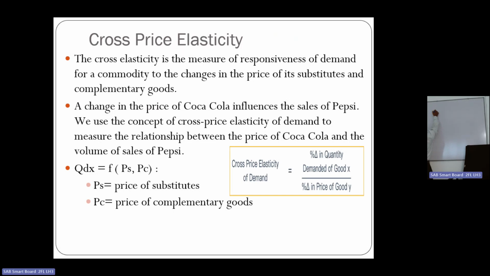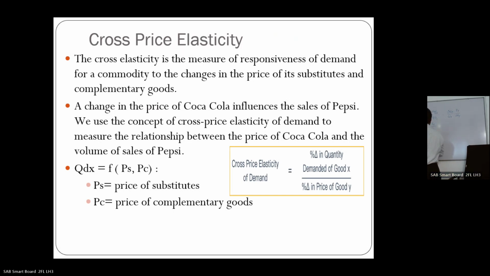Here it is: delta Qx over delta Py, multiplied by Py over Qx.